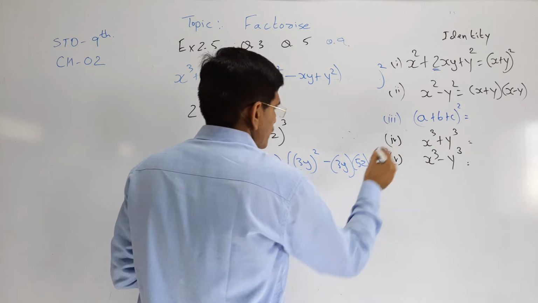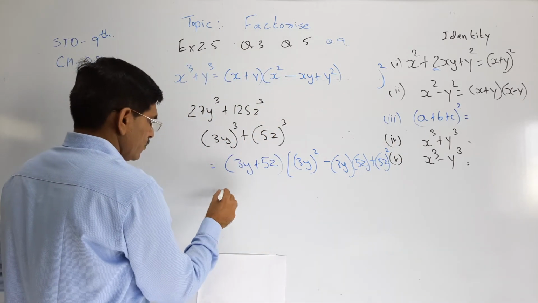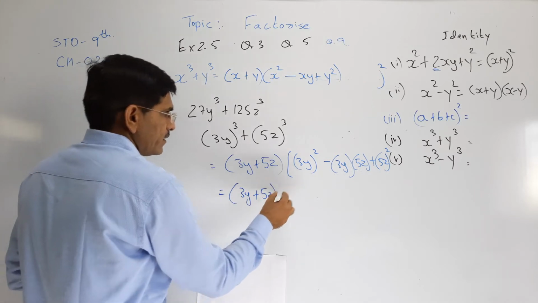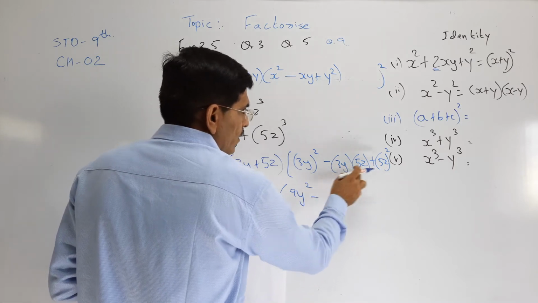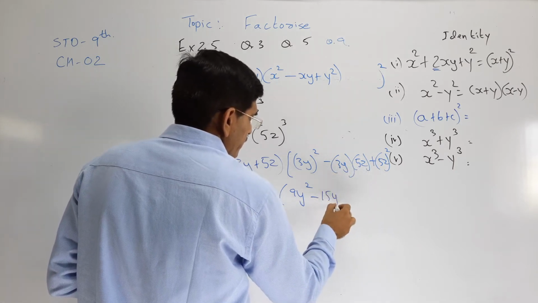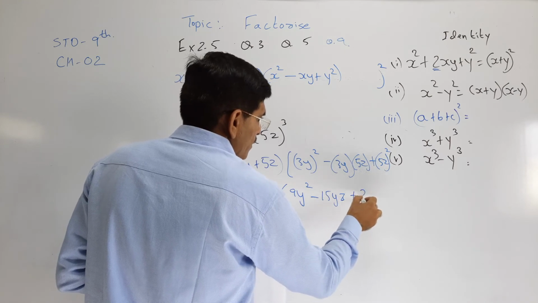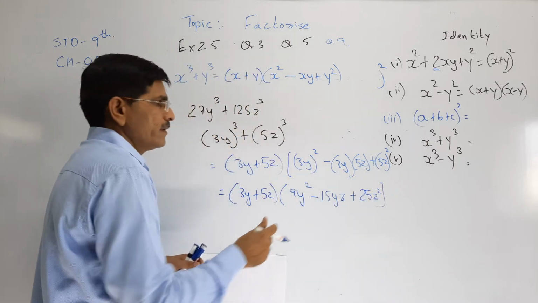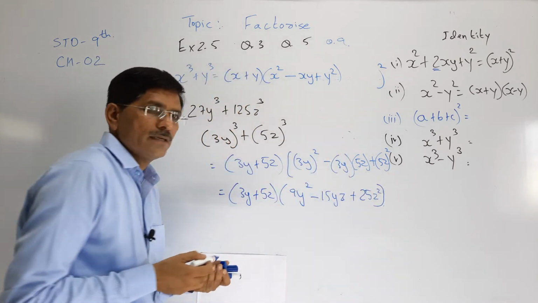So the first bracket we put as it is, 3y plus 5z, then 9y square minus 15yz plus 25z square. That is the answer.